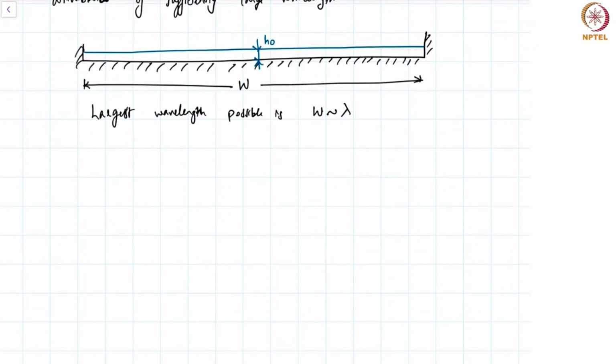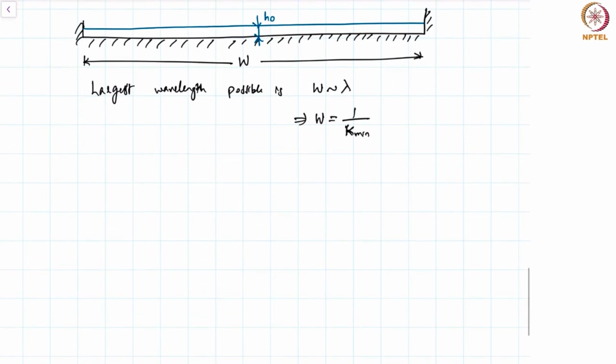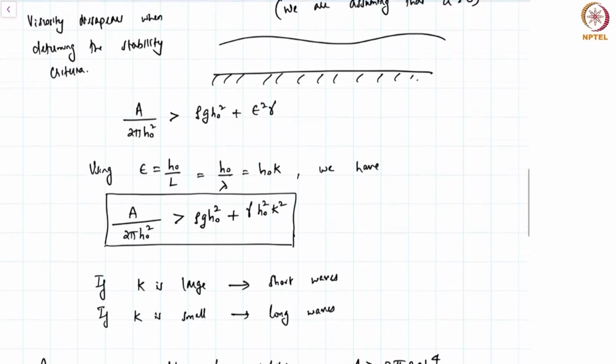In other words, I can essentially say W, the size of the container, will basically set the value of the smallest k, the smallest wave number k that we have. We cannot have a wave number k smaller than this value. Okay, so that's a lower cutoff that it has put. Now I can straight away substitute this in our expression. Which expression is this?